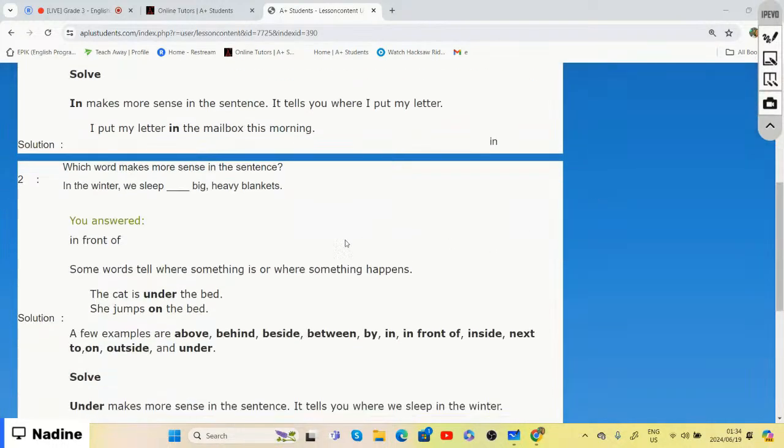Then it says, in the winter we sleep big heavy blankets.